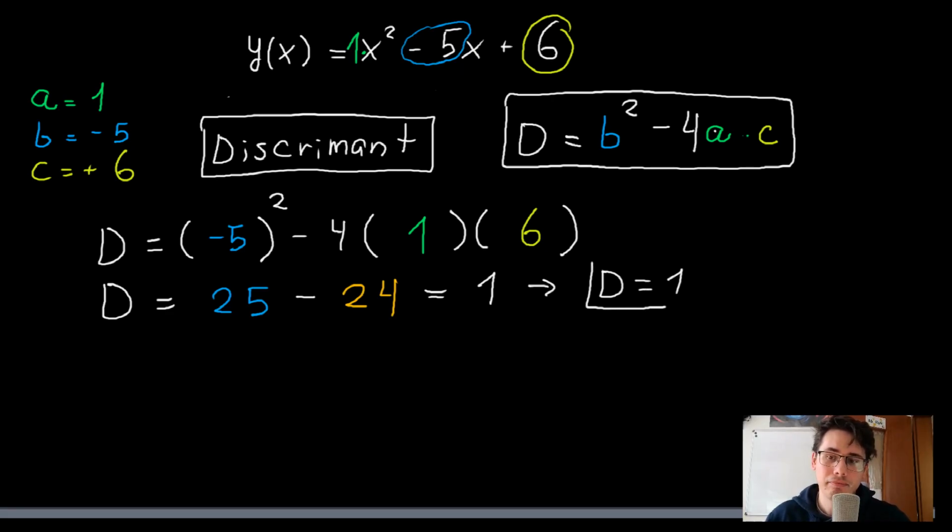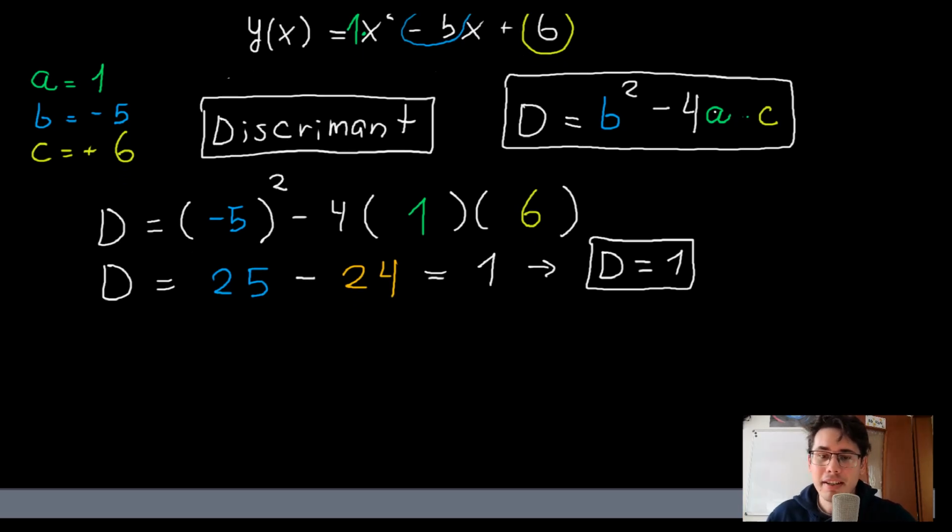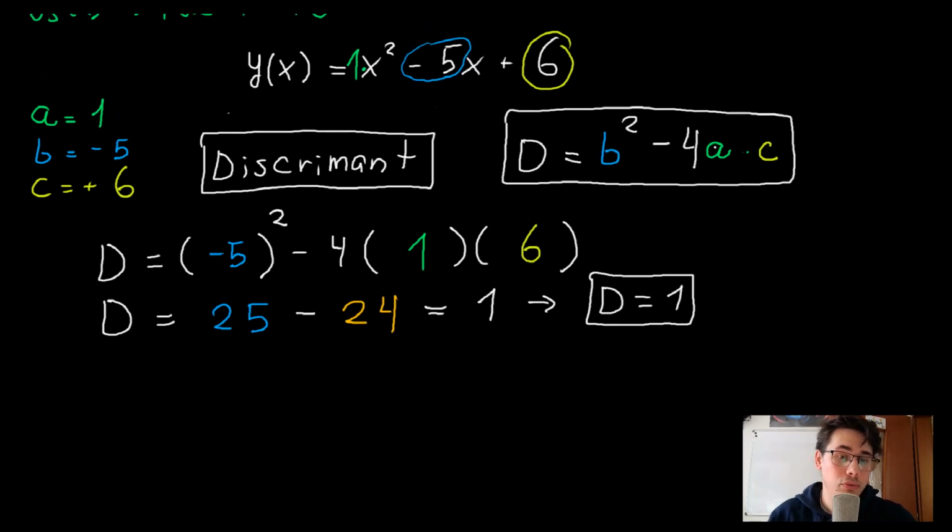Okay. Now, why is this important? There is a very cool rule of how to find the roots. Now, caution, it looks very scary at first. So we have 2 solutions by default.